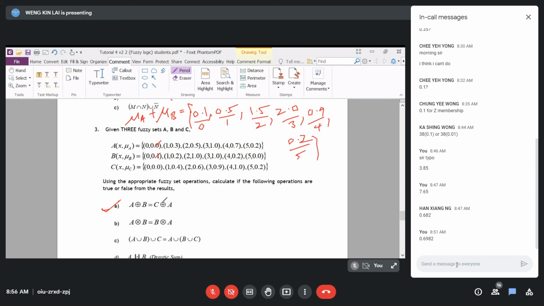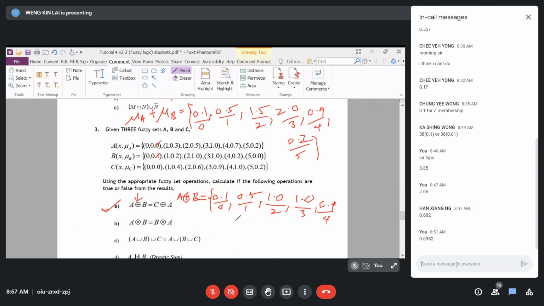Now, when you perform the bounded sum operation here, you compare this summation against 1. So what do you get? A bounded sum of B will be, you compare and you take the smaller value, right? So you can never exceed 1. So this will be 0.1 over 0, 0.5 over 1, and the next one is 1.5, bounded, so you cannot exceed 1.0. 0.9.